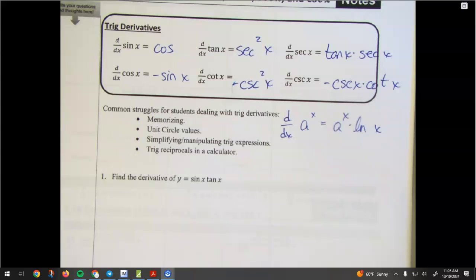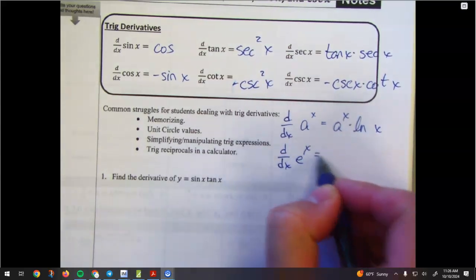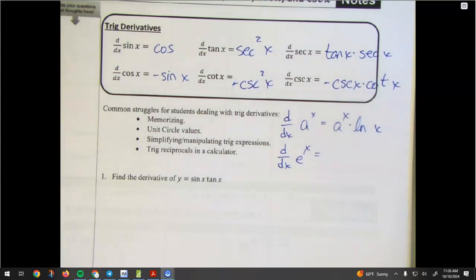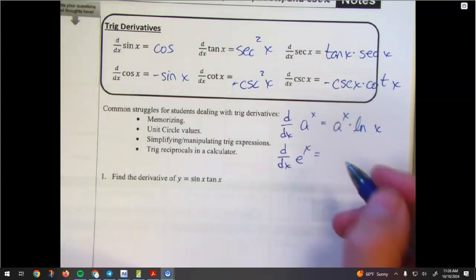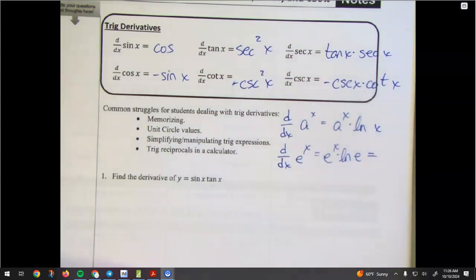And then we had that special case where if I say what's the derivative of e to the x, that's going to be e to the x times ln of e, but what's ln of e? They cancel, so you really just get e to the x.